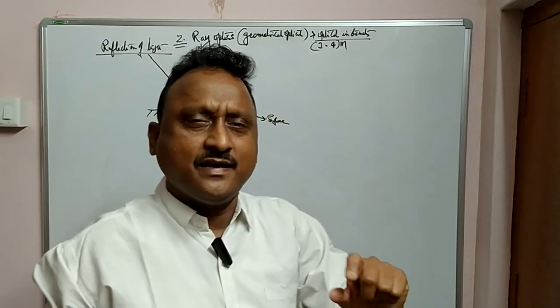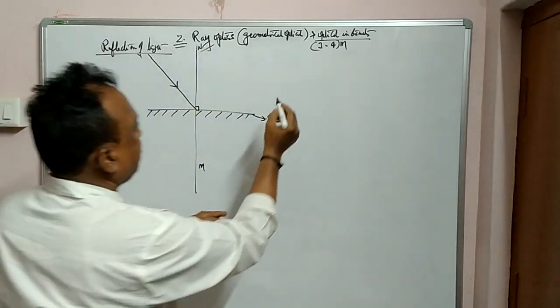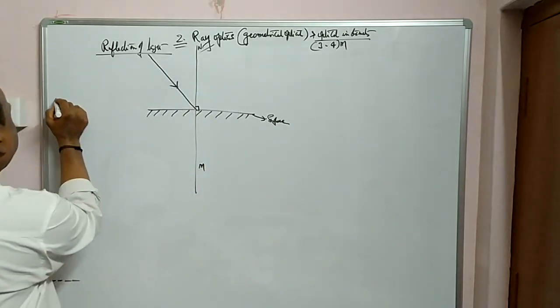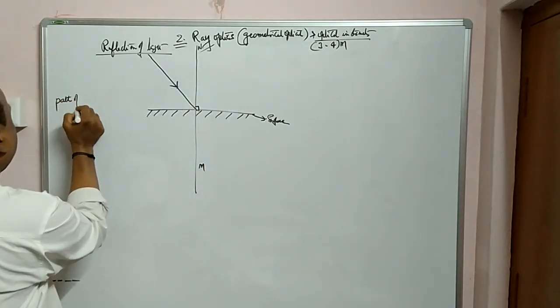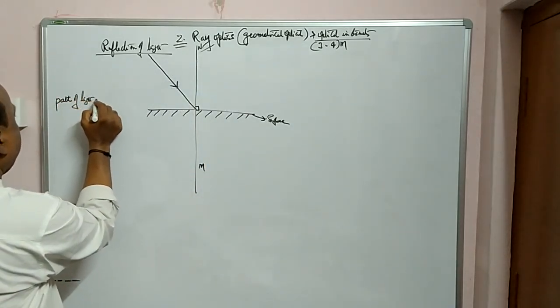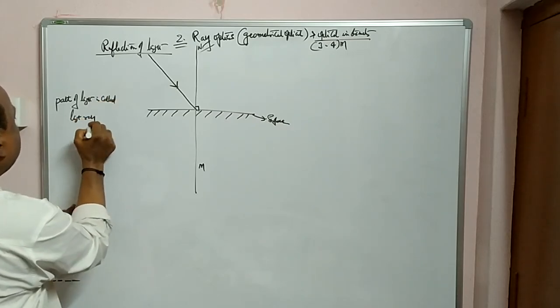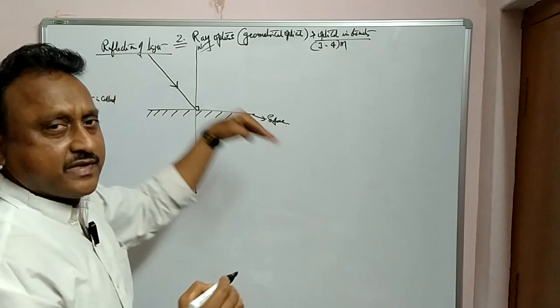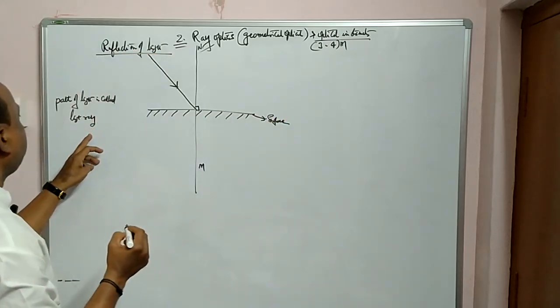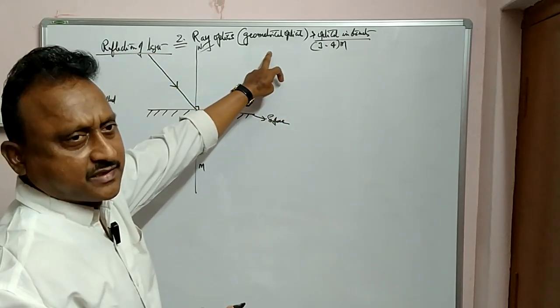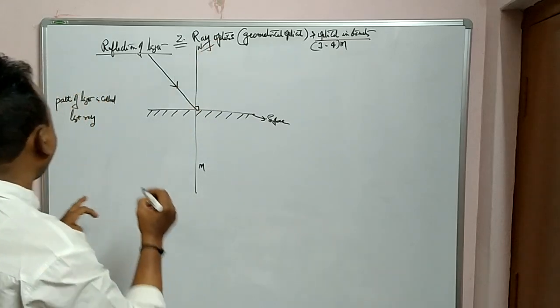What is a light ray? The path of light, in which way it is going, is called a light ray. That's why ray optics is also called geometrical optics.